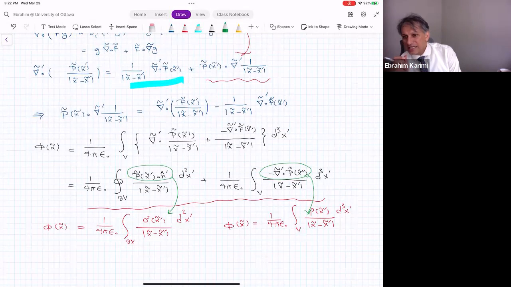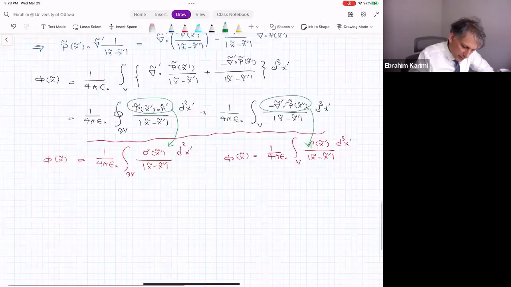One is some sort of charge density inside the material. And the other one is that on the surface, a charge density will appear. So both of them play a role in changing your electric field or the potential outside of that surface, or outside of that volume.